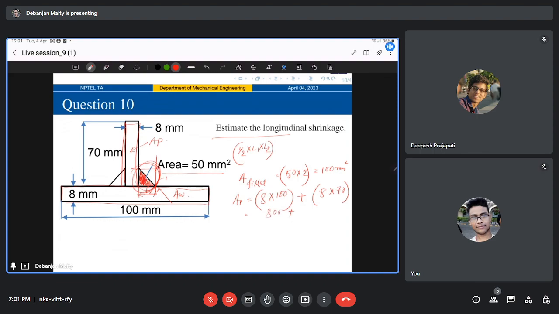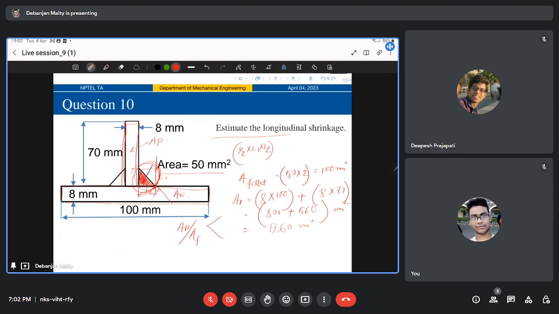So this is 800 plus 560, that is equal to 1360 mm square. Then what you have done, you are checking the AP by A fillet, right?